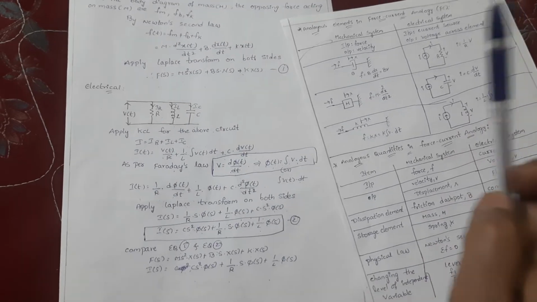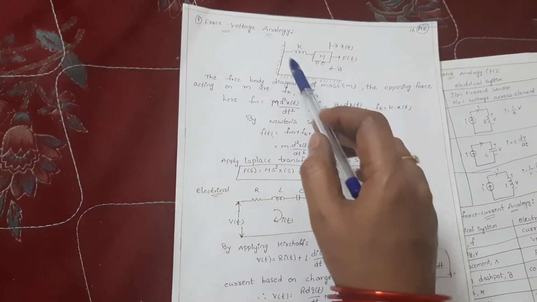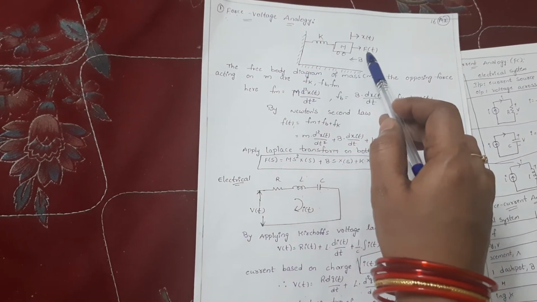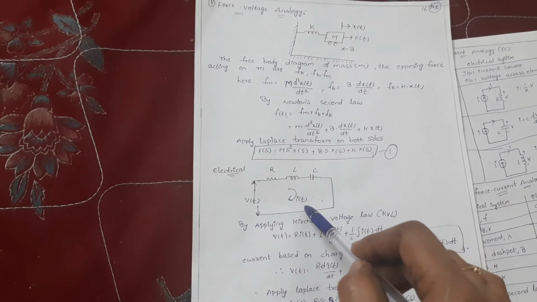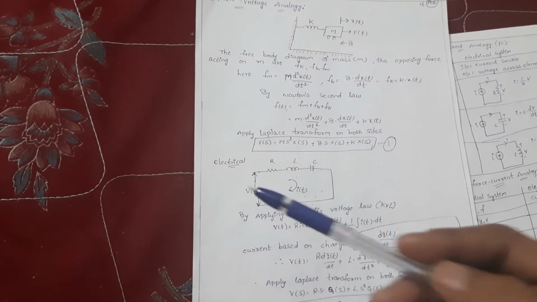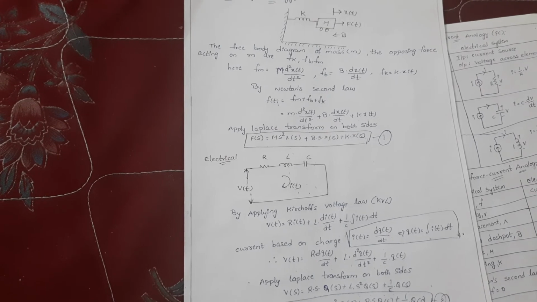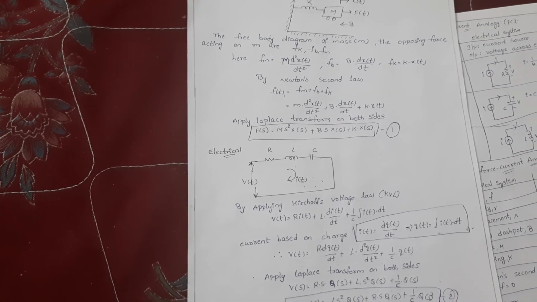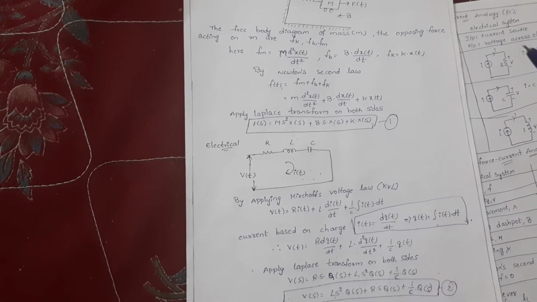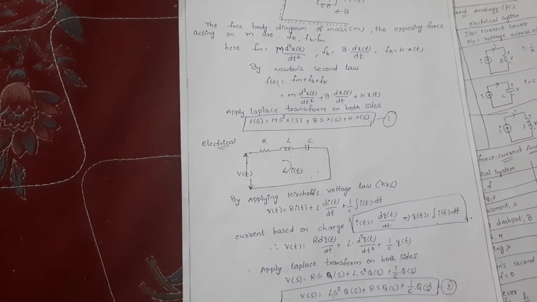So remember one thing. While writing force voltage for this analogy, whatever this is, you write the same format here. If you write force voltage, then you can easily write the force current, which is the reverse of the force voltage. Series becomes parallel in force current and parallel becomes series for force current, right?